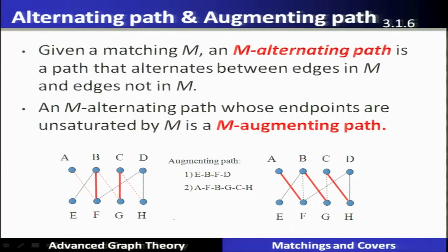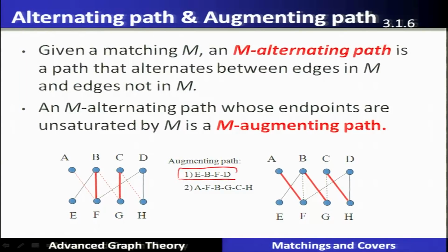Now we are going to see alternating path and augmenting path and their contrast. So, given a matching M, an M alternating path is a path that alternates between the edges in M and the edges not in M. So take this particular example.